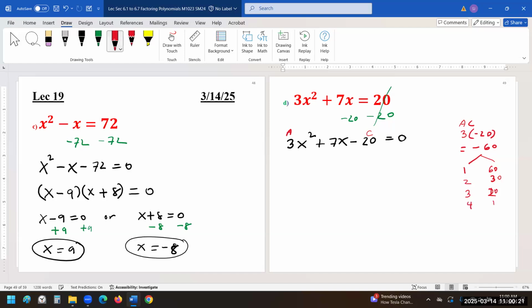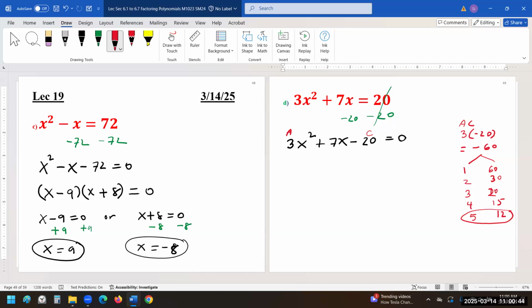Then we have 4 and 15. 4 minus 15 is not 7, so you don't get 7. Then we have 5 and 12. Do you get 7 from 5 and 12? Yes. 12 minus 5 is 7. That means we can stop here. We found our 2 factors.